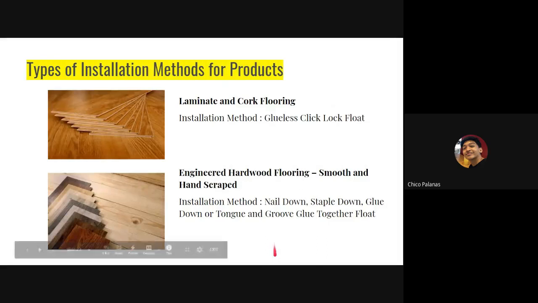Here is a quick list to help simplify the process of flooring construction types versus installation methods for products.